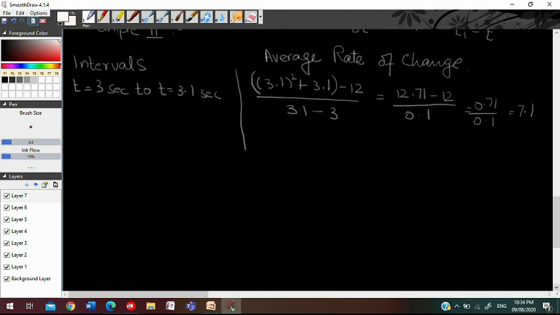You can calculate these calculations separately also, but if you do it as I have done on this table, both are correct. It's up to you which method you apply.